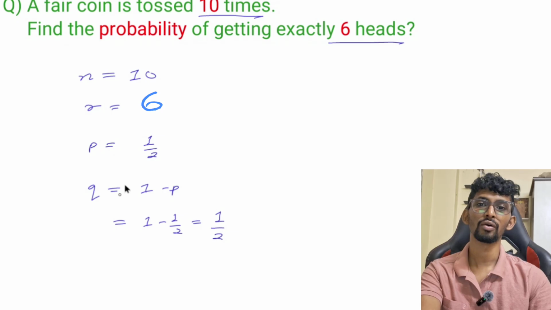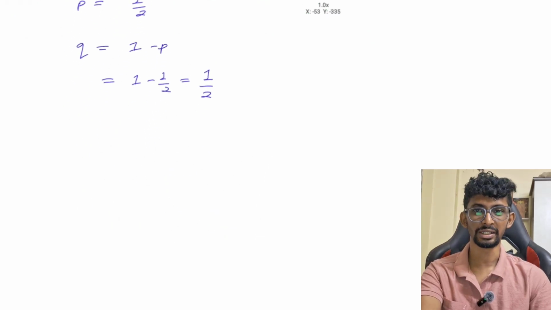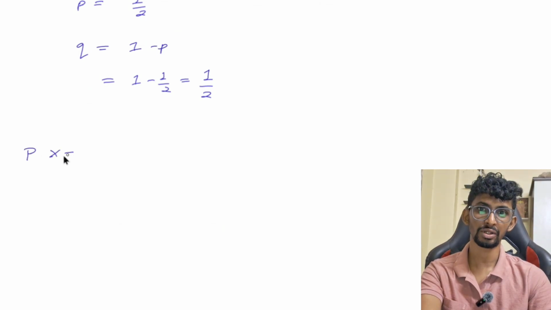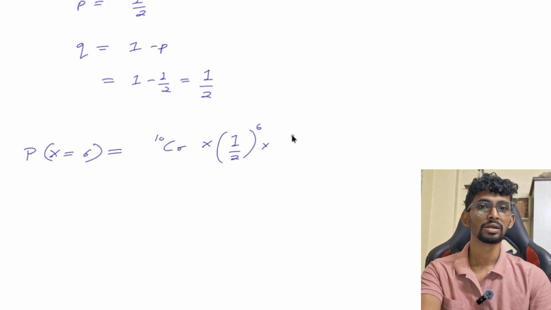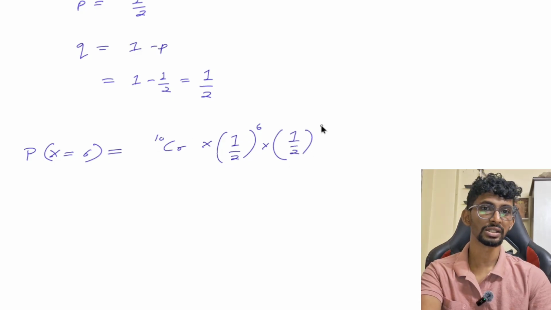Clear? Now, with these values, let us use the formula. Since they said exactly 6 heads, that will be X equals 6, which will be equal to 10C6 times 1 by 2 raised to the power 6 times q, that is again 1 by 2 raised to the power n minus r, that is 10 minus 6.